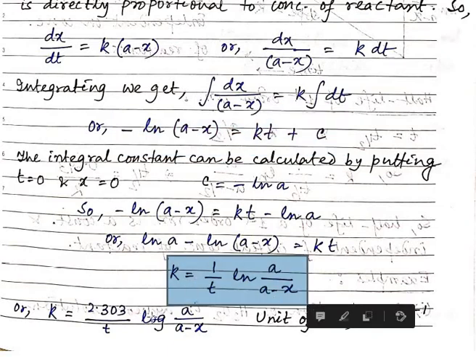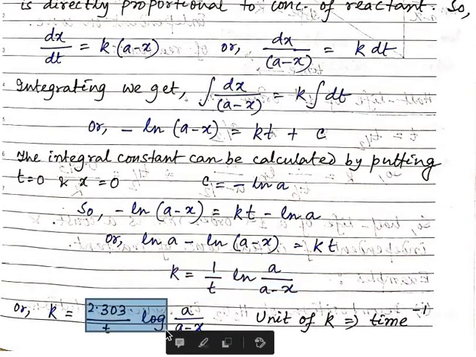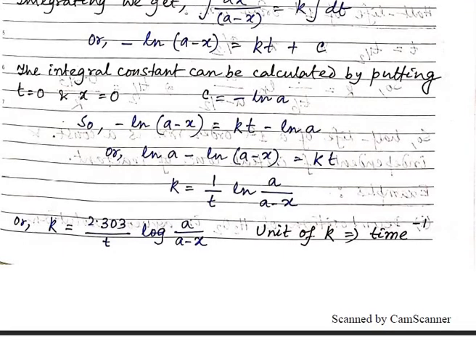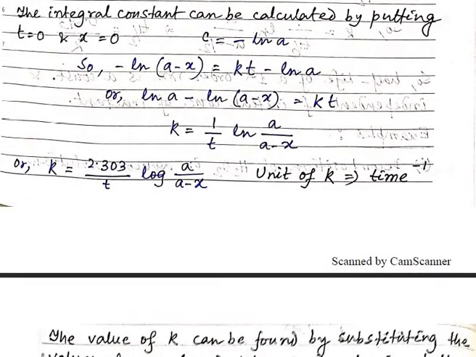We all know that ln means 2.303 log. So we can write k is equal to 2.303 by t log a by (a minus x). So that is a very important rate expression for the first order reaction.